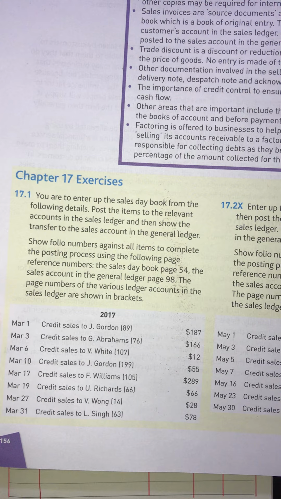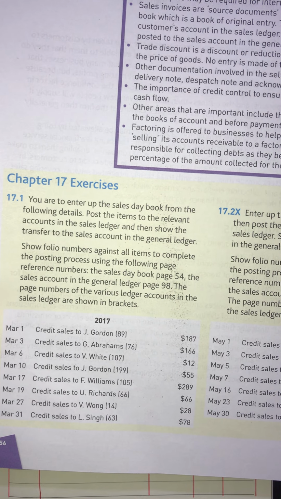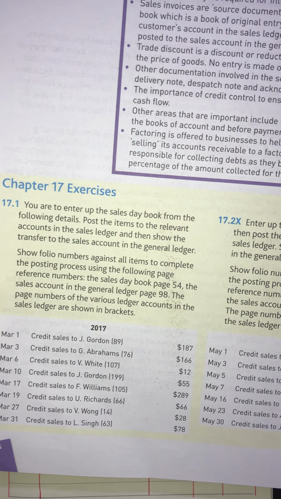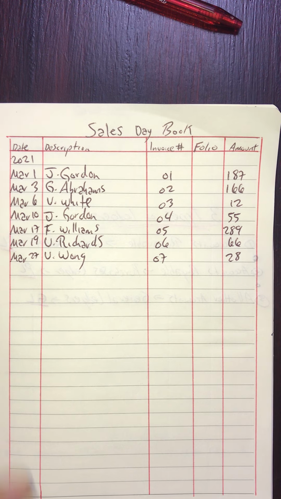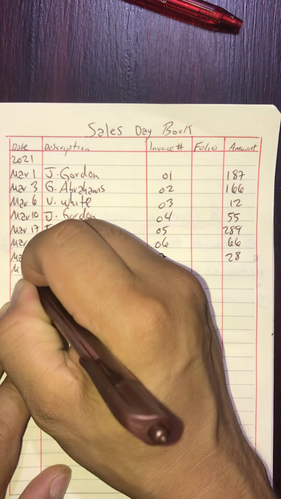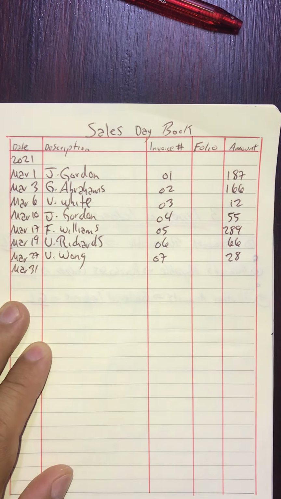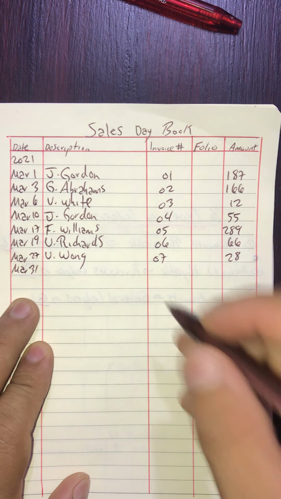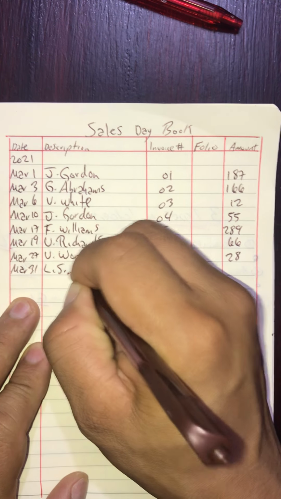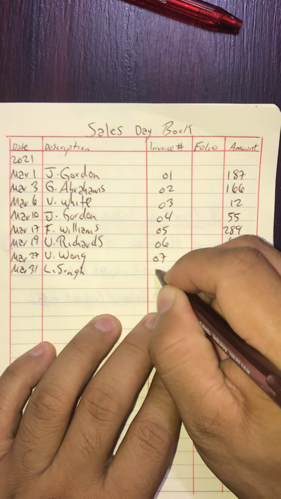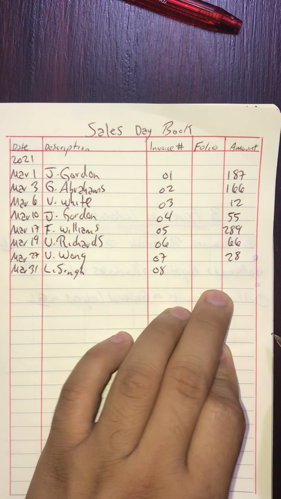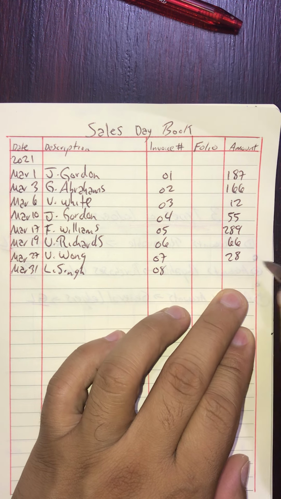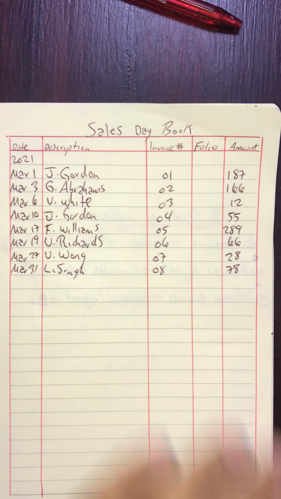The last transaction, March 31st, credit sales to L. Singh, $78. March 31st, L. Singh, 08 invoice number, and the amount is $78.